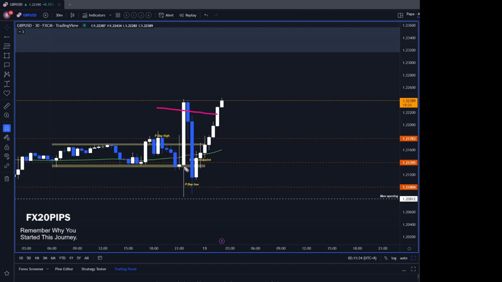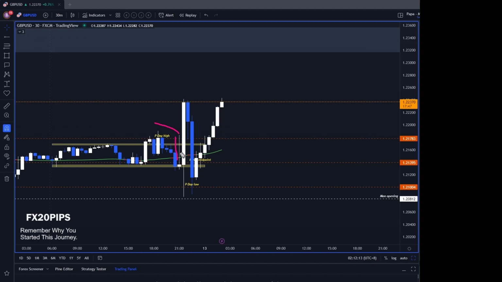So this is the 9 o'clock candle. This is 9:30. This is 10 o'clock. At the 9 o'clock candle, at the time nearer to 9:30, so this could be 9:27, 9:28, 9:29, the price starts dropping.